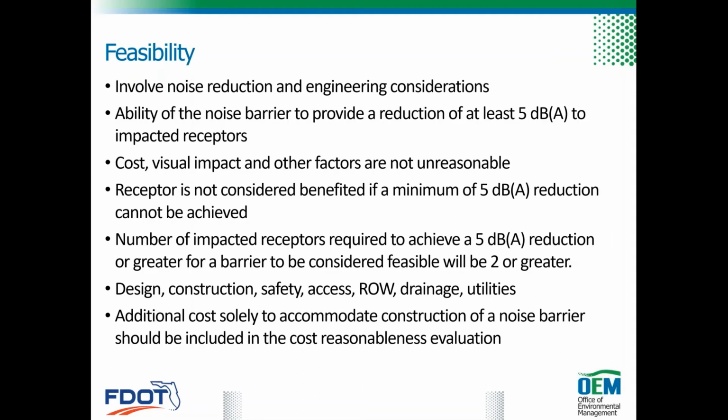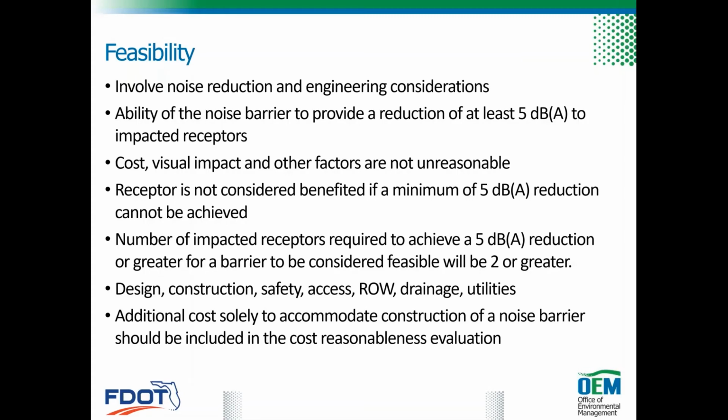The receptor is not considered benefited if a minimum of 5 decibel reduction cannot be achieved. The number of impacted receptors required to achieve a 5 decibel reduction or greater for a barrier to be considered feasible will be 2 or greater.